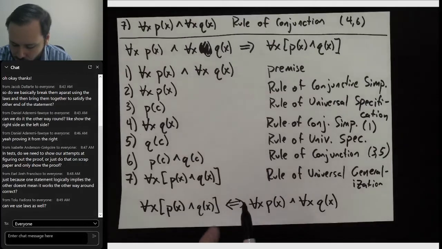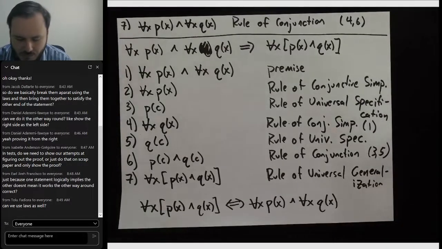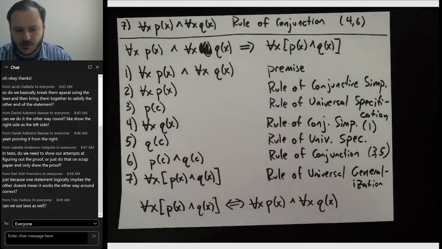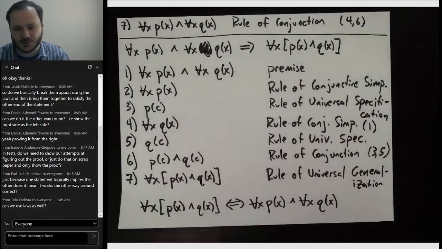We've only proven that it's logically equivalent because we've proven both directions. But the two directions are independent. One could be true, the other could be true, both could be true, neither could be true. All of those are possibilities.